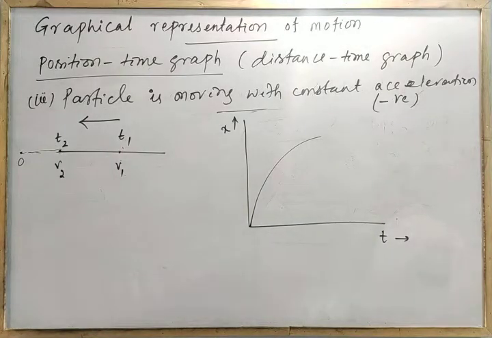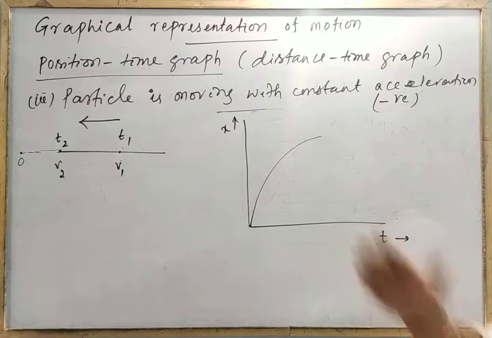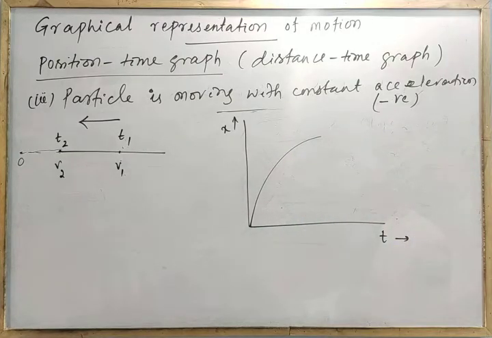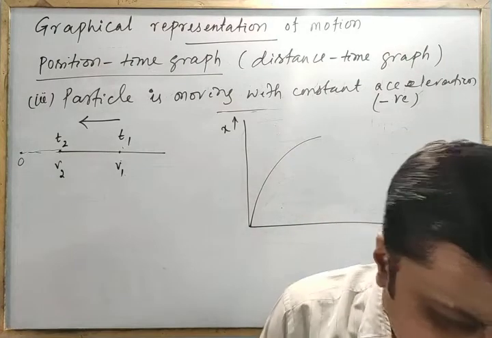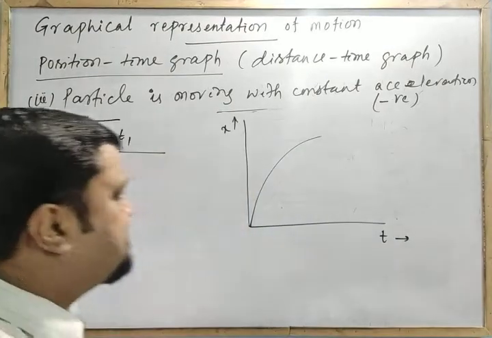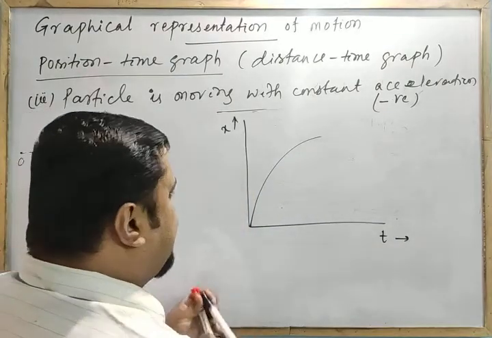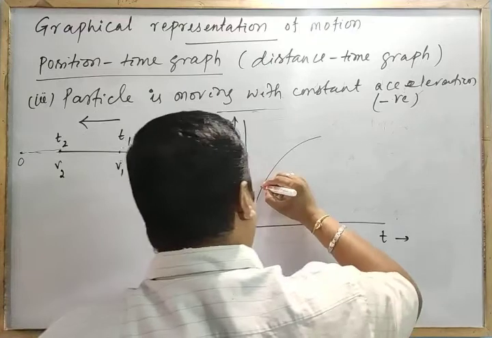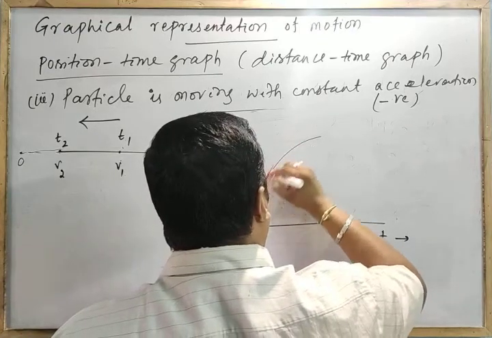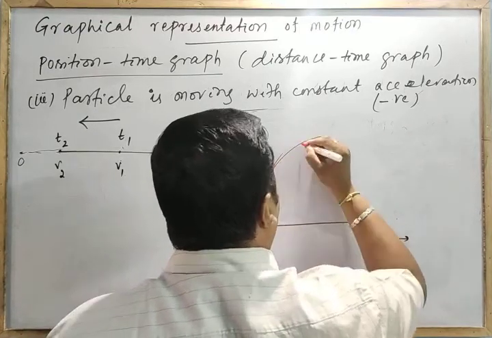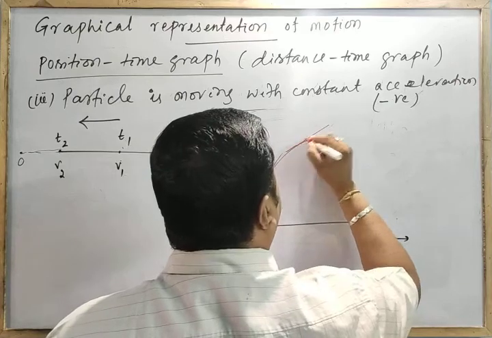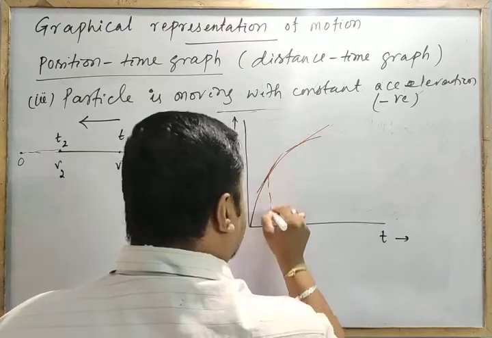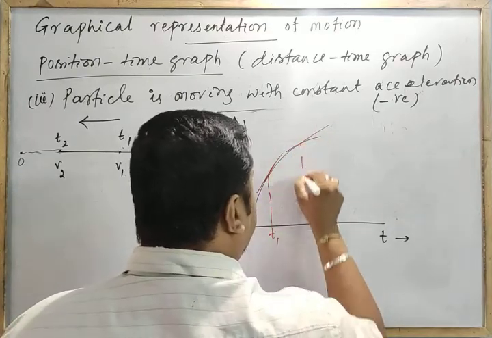In that case, again, obviously this is a parabola, but now if you find the slope at two different positions, at this point and this point, suppose this is T1 and suppose this is T2.